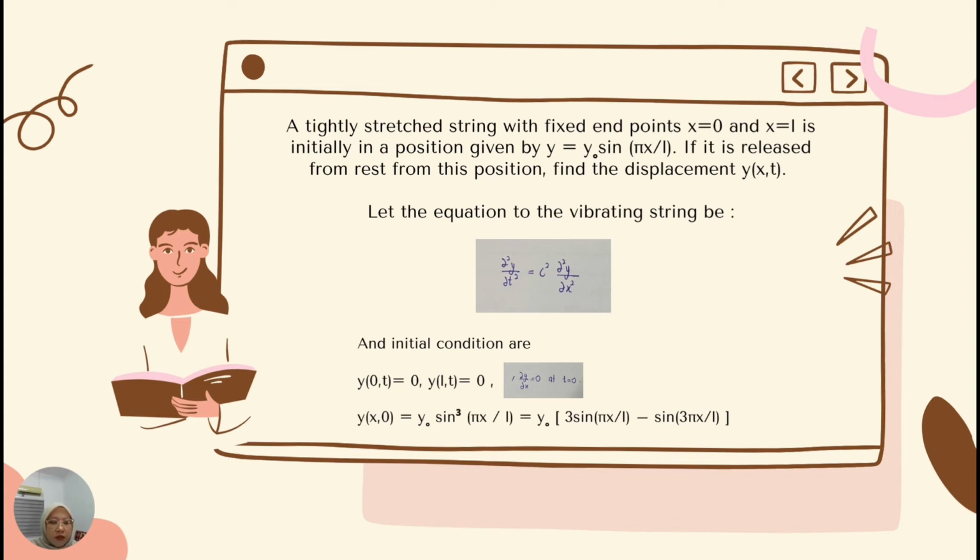And then y(x,0) equals y0 sin cubed(pi x over L), which equals y0 times 3 sin(pi x over L) minus sin(3 pi x over L), all divided by 4.